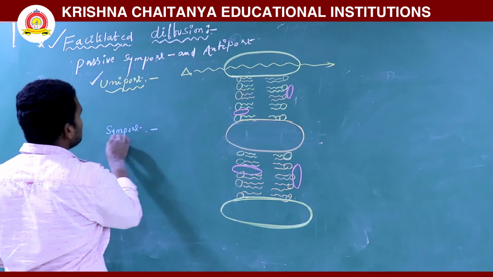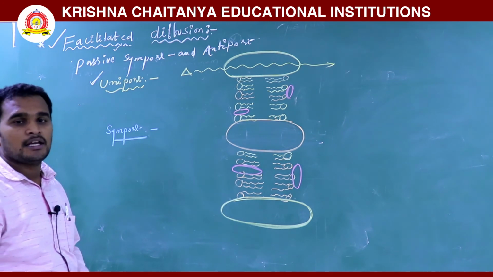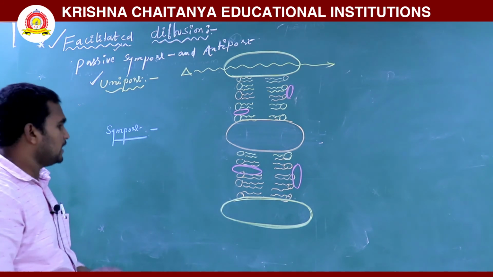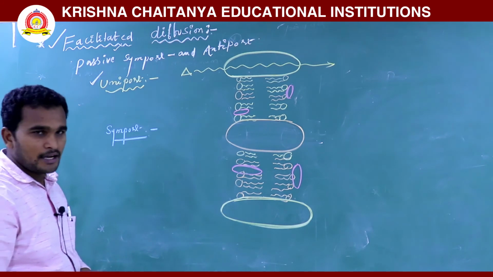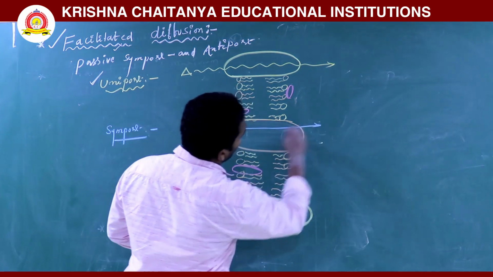Next one is symport. What is symport? Two molecules moving across the membrane in the same direction is called a symport. A molecule is passing and B molecule is also passing.